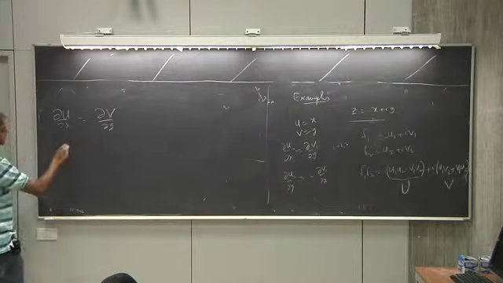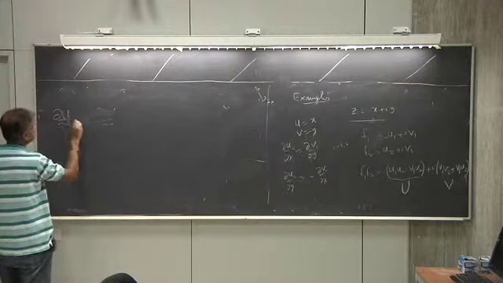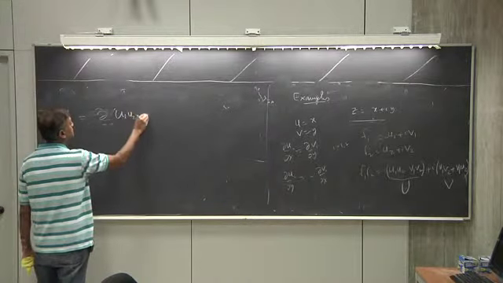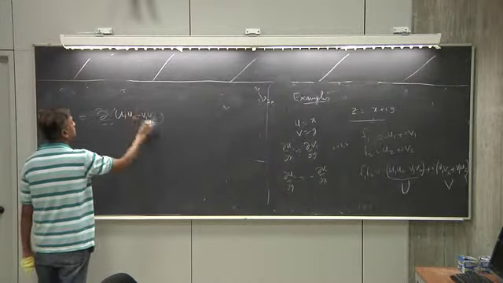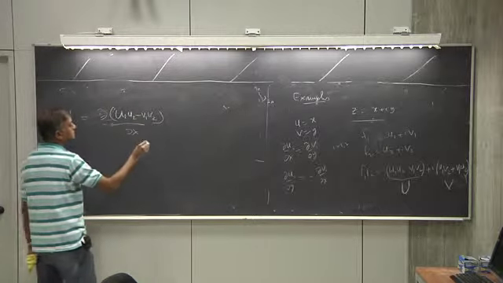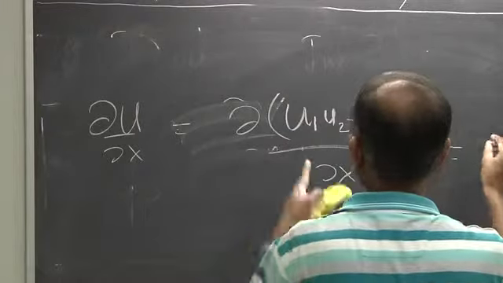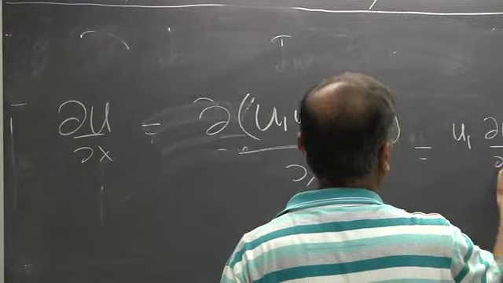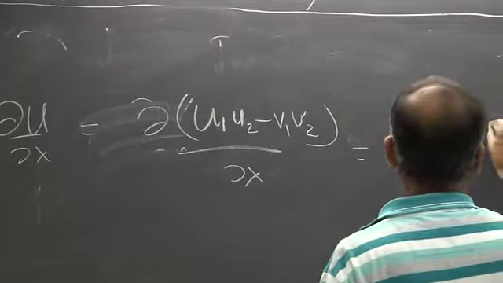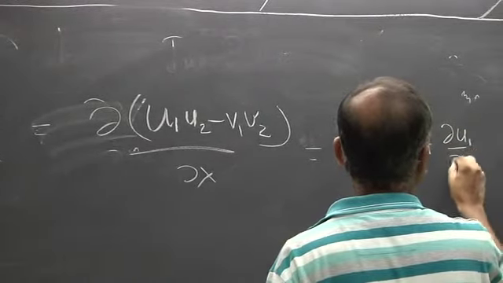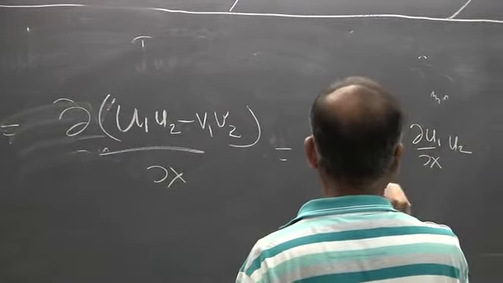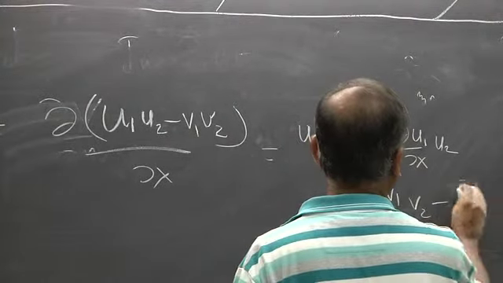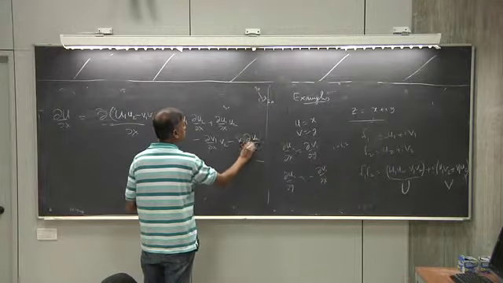Let me start from here. This is d of (u1 u2 minus v1 v2) by dx, which, opening it up, gives many terms: u1 du2 by dx plus du1 by dx u2 minus dv1 by dx v2 minus v1 dv2 by dx.